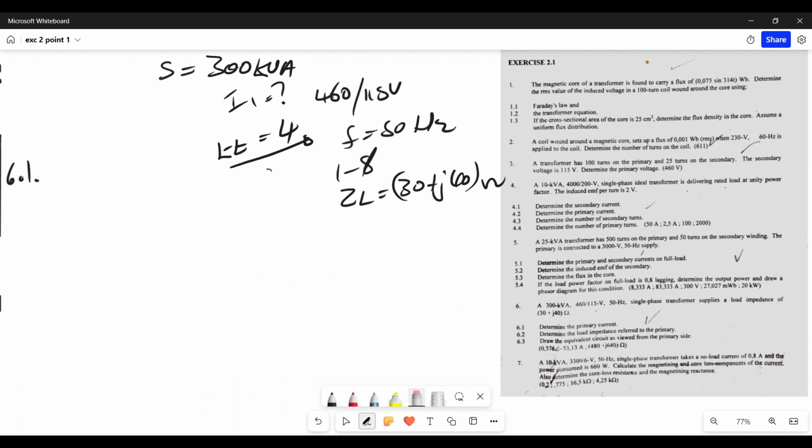All right, so now we can solve for I2, because V2 is equal to I2 Z load.